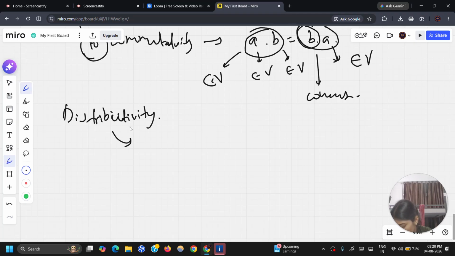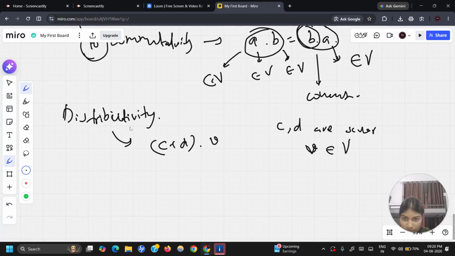Distributivity says that C plus D into B, where C and D are scalars and B is a vector.